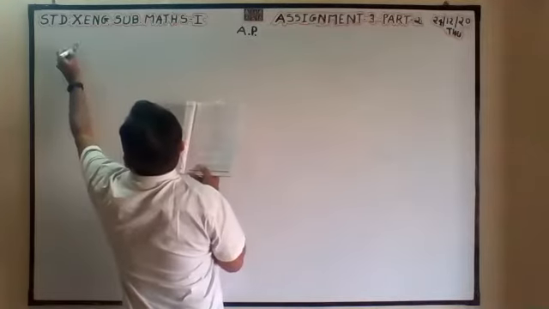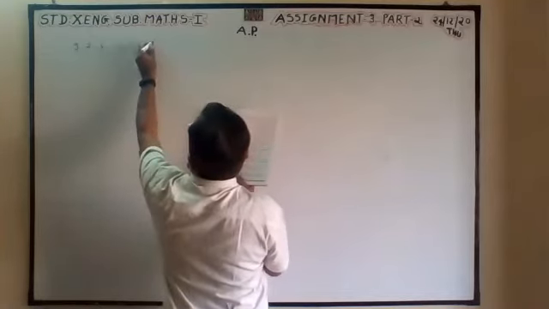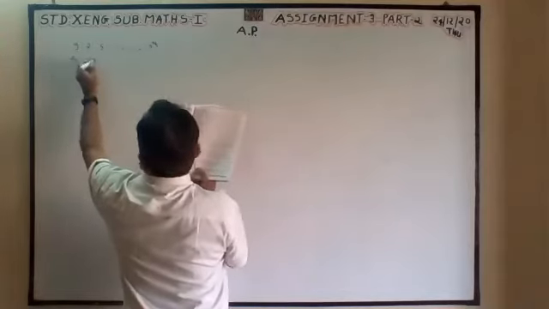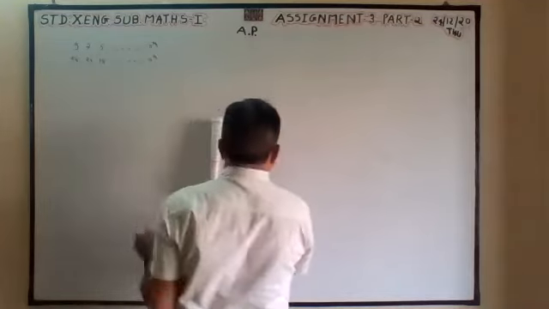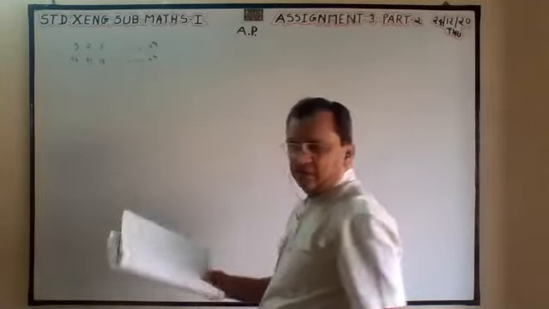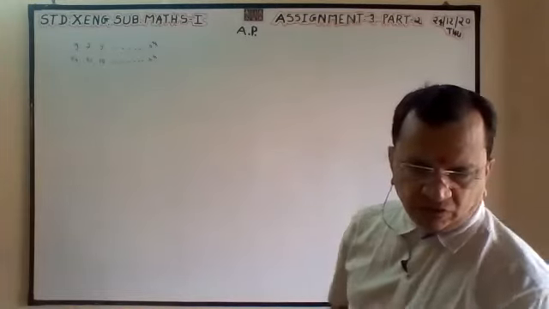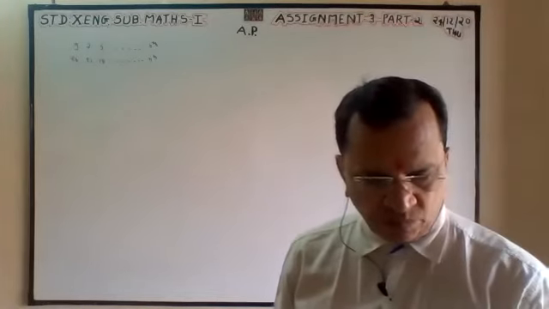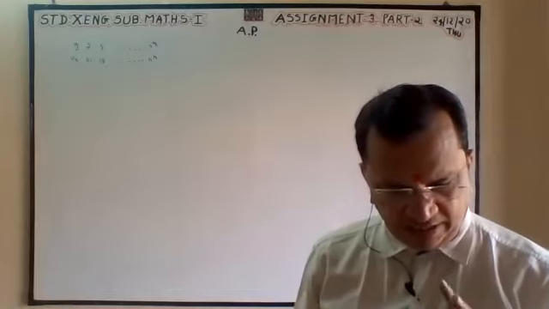Now 9, 7, 5, and so on, nth term; 24, 21, 18, and so on, nth term. The nth terms are equal. So find the value of n and the nth term.